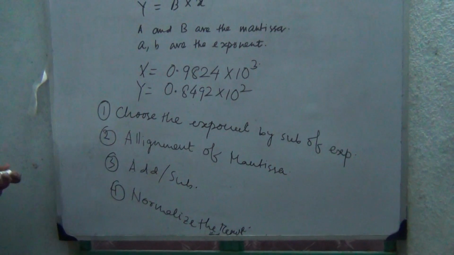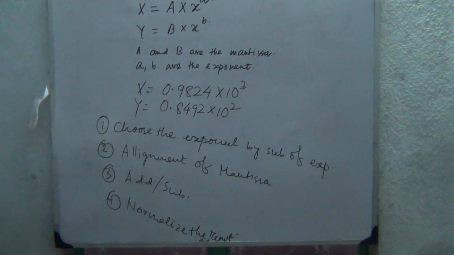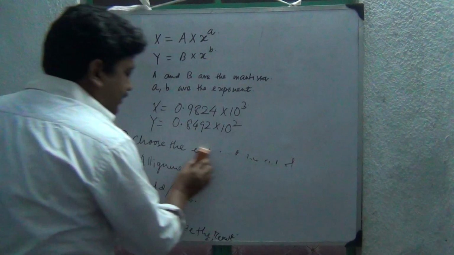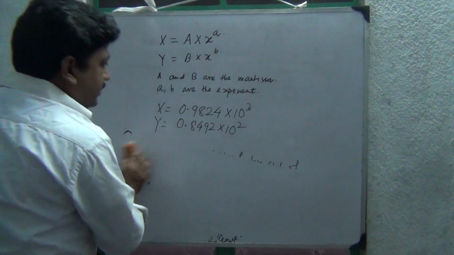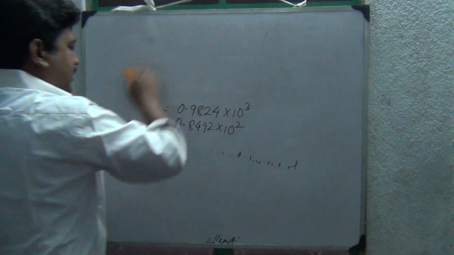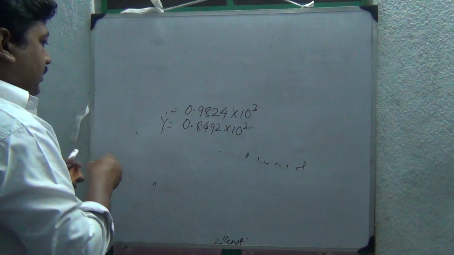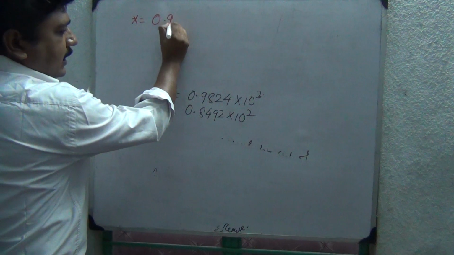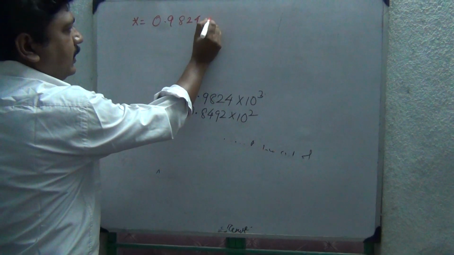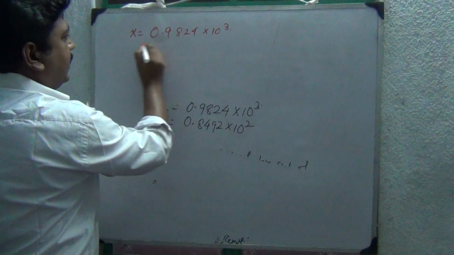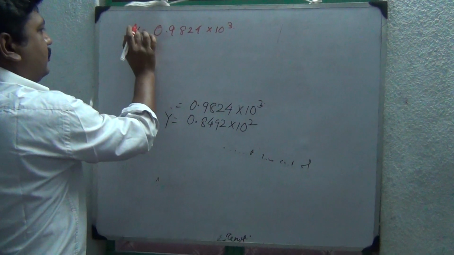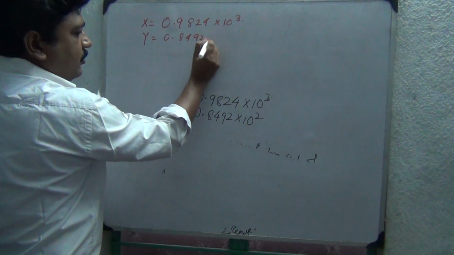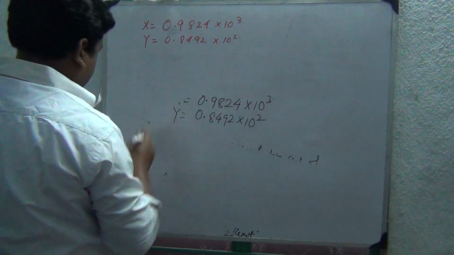Now I am showing you how to perform the task. My numbers are x equal to 0.9824 into 10 to the power 3 and y equal to 0.8492 into 10 to the power 2.